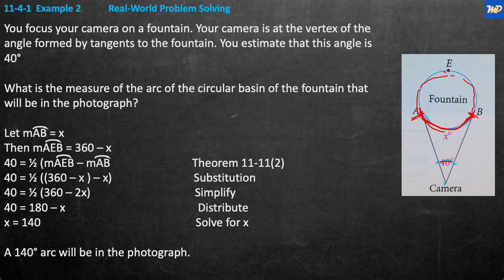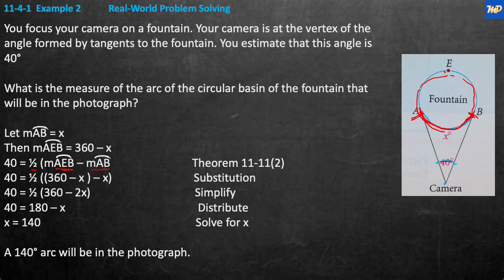So 1/2 of AEB minus X is what is 40 degrees. So let's see what it says in the problem. It says 40 degrees is 1/2 the measure of AEB minus AB. That's what I just said. The 40 degrees is equal to 1/2 this piece around the top versus AB on the bottom.